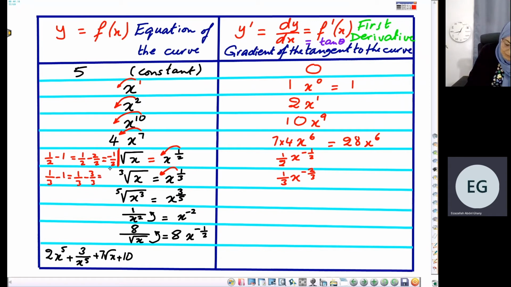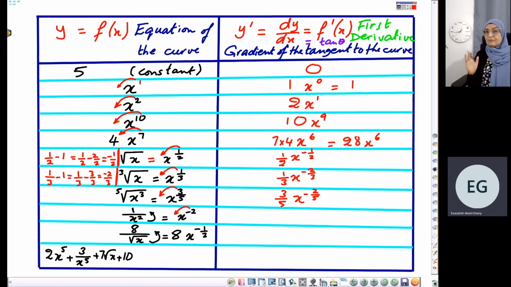Something over 3 minus something over 3 equals something over 3, so it will be -2 thirds. It's easy to do any calculation without using the calculator. Now, what about this one? Power goes down, decreases by 1. So it will be 3 over 5, x to the power of 3 over 5 minus 1, which is -2 over 5.